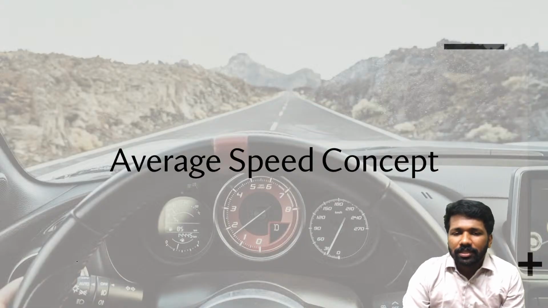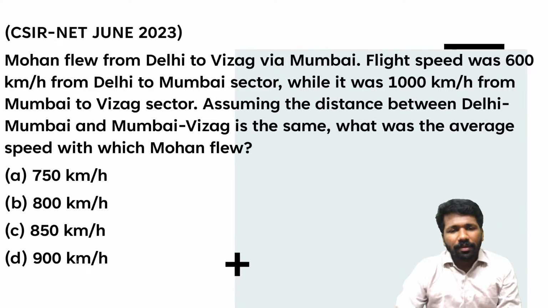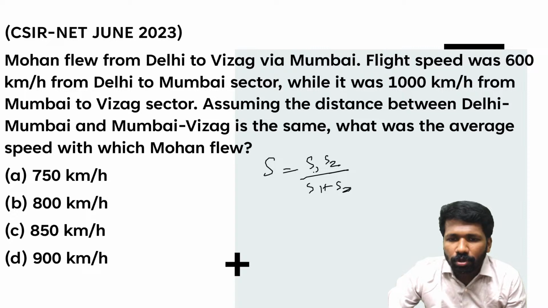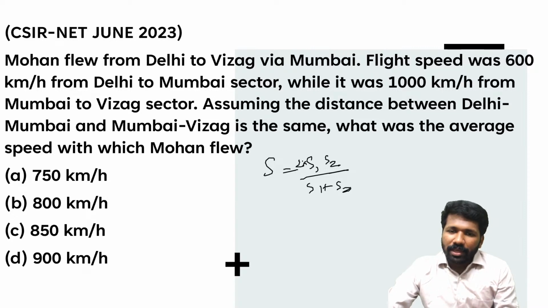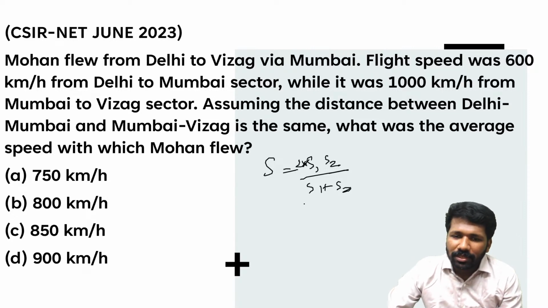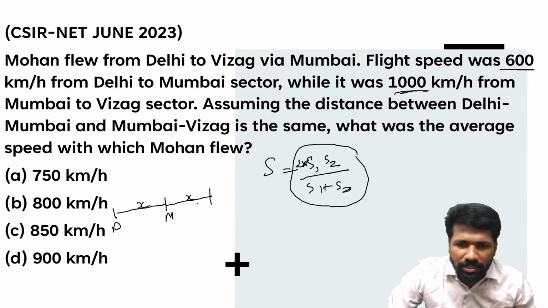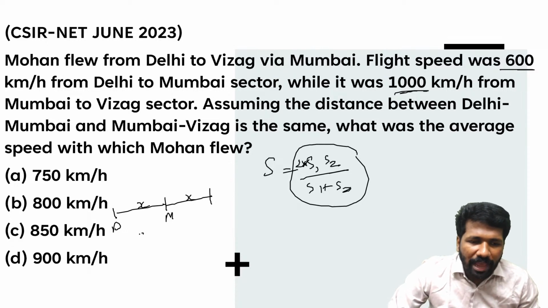Here you can use the formula. The formula is average speed equals 2 S1 S2 divided by S1 plus S2. Again, if you don't want to memorize this, Delhi to Mumbai and Mumbai to Vizag are the same distance, so x distance itself. Average speed is total distance by total time. Total distance is x plus x.